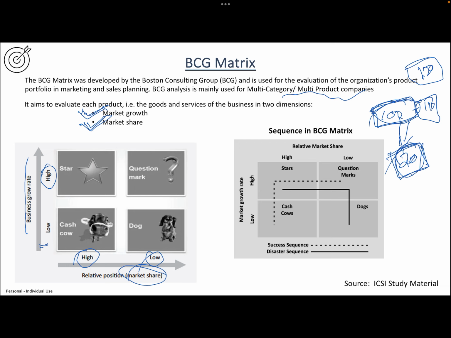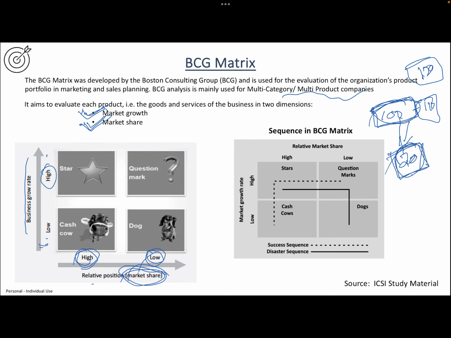You should be very, very clear. On the y-axis, bottom is low and topmost is high, and here we are measuring market growth. On the x-axis, the left side is high and the right side is low, and market share is measured on the x-axis.